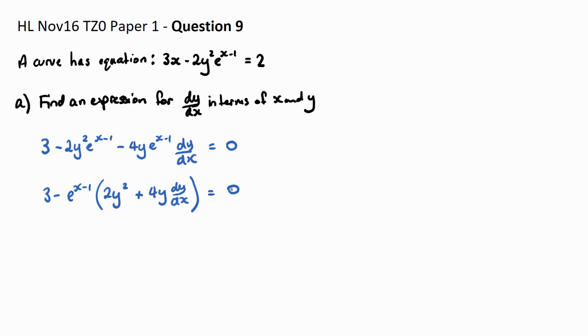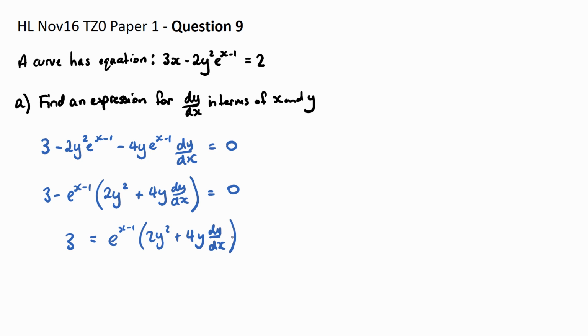Okay, what we can then do is move all of this onto the right hand side. So we're going to get 3 equals e to the x minus 1, 2y squared plus 4y dy dx.